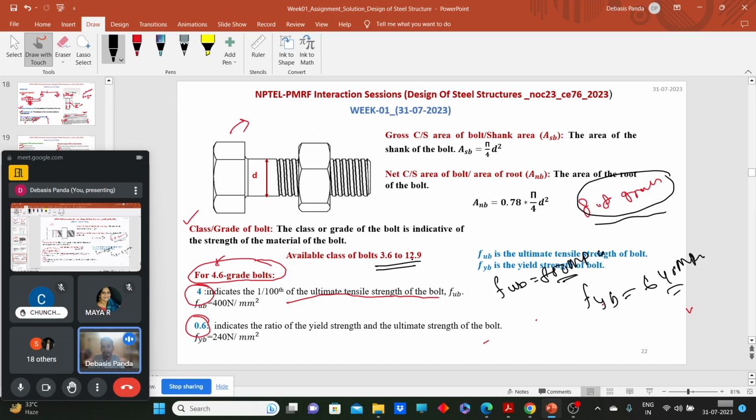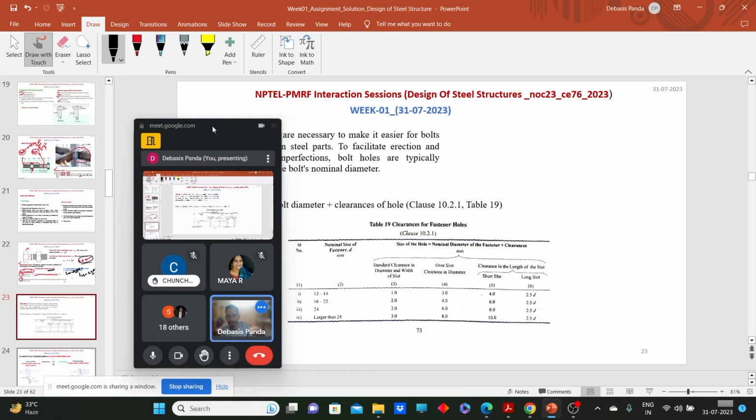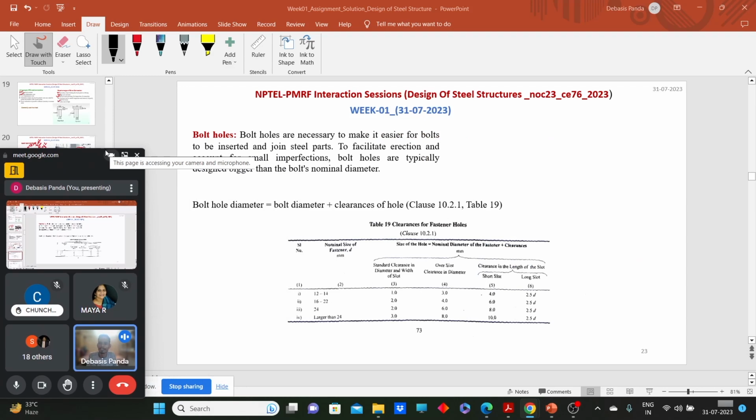We know, say grade 4.6, dia 24 mm. So we can find out, okay, we have to go for this bolt whose ultimate strength is that, whose yield strength is that. Now we need to design the rest of the things. Okay. So now very quickly, we know the diameter of the bolt.